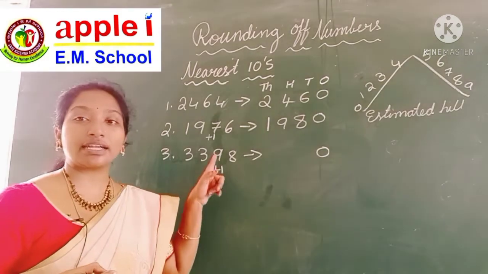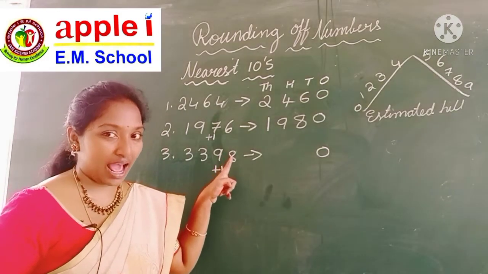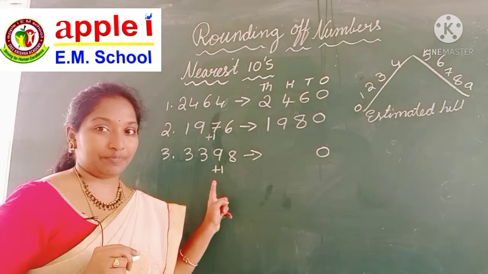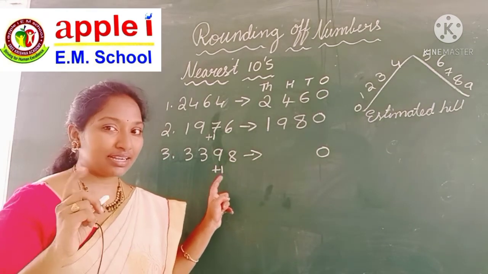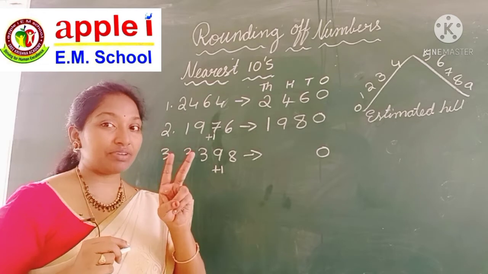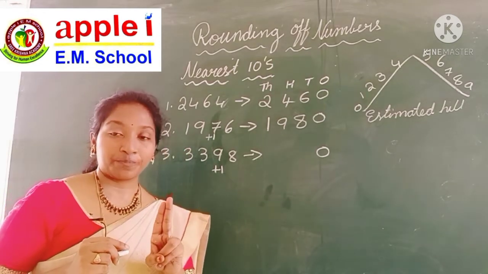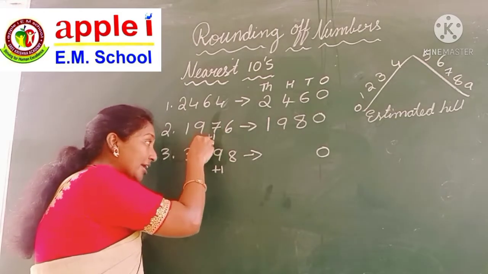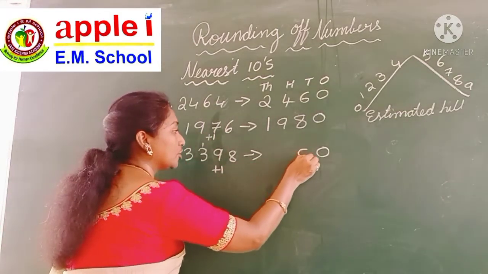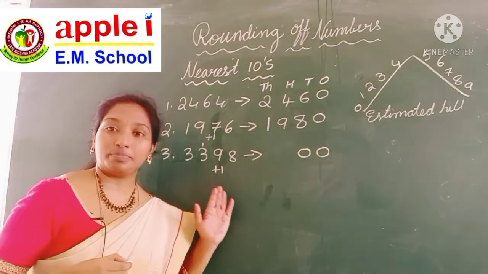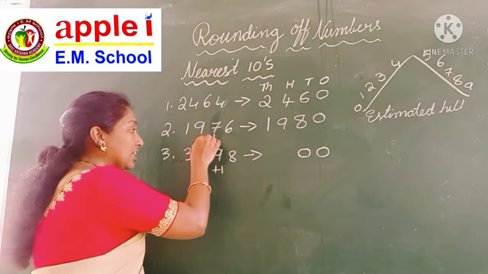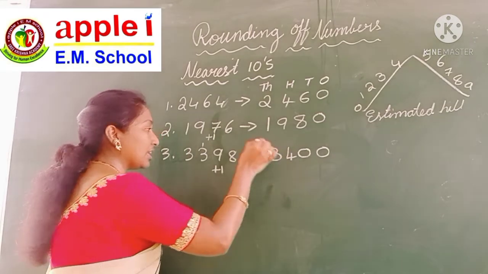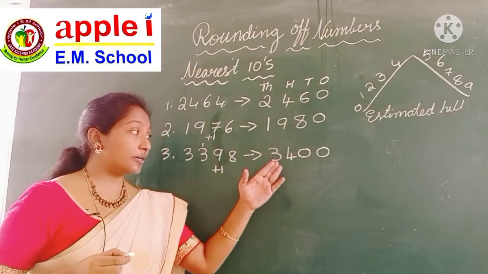Here the tens place is 9. So 9 plus 1 is 10. After adding, we are getting a double digit number. So when we get a double digit number, carry 1 to the hundreds place and write 0 in the tens place. So 3 plus 1 is 4. Here we are having 3. So what is the answer?